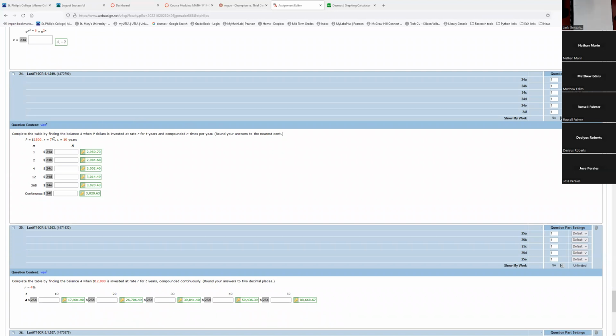Says complete the table to find the balance A when P dollars is invested at rate R for 2 years, compounded n times per year. So here they're telling you that n is 1, and then n is 2, meaning they compound only once, compound twice, compound 4 times, compound 12 times. And then everything else stays the same, it looks like.